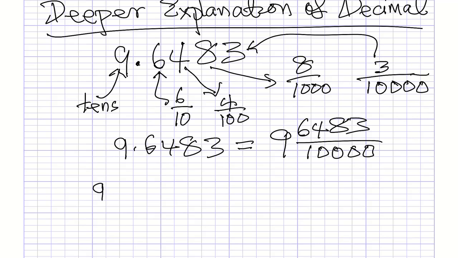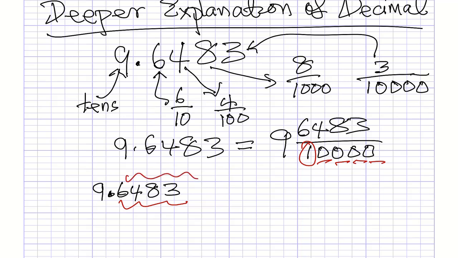Whenever you have a number like this, 9.6483, notice on the right hand side of the decimal point, there are four figures, right? Whenever you see 4 digits like that, each digit corresponds to a 0. So when you write that down, you're going to get 4 zeros, just like we did here. See 4 zeros there, and then 1 is put there. So you're always going to get those 4 zeros. The 4 zeros correspond to the 4 digits right here.